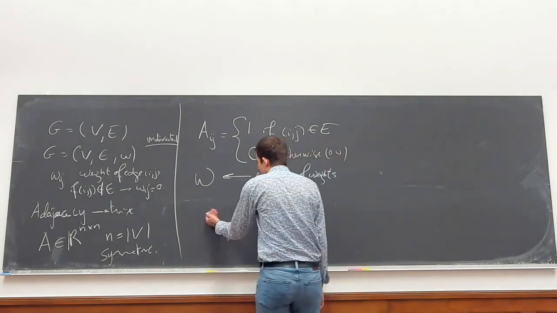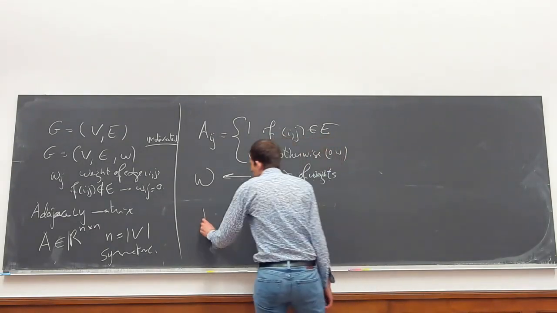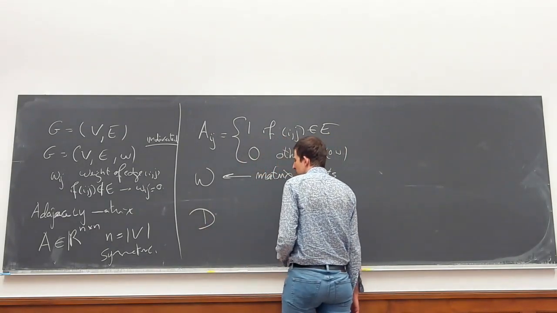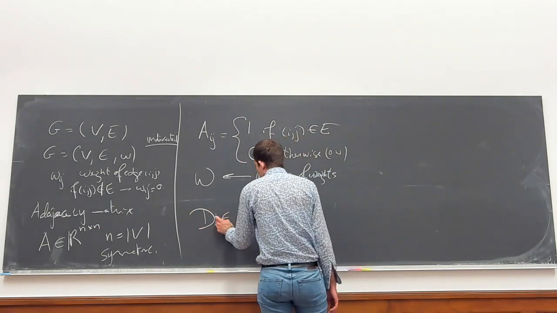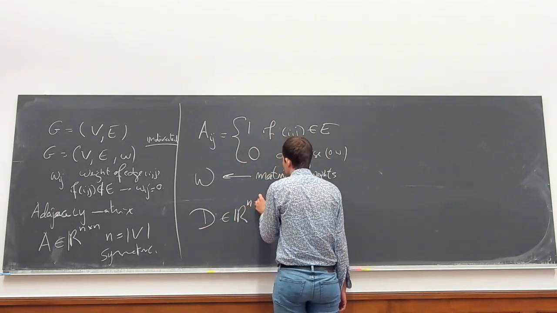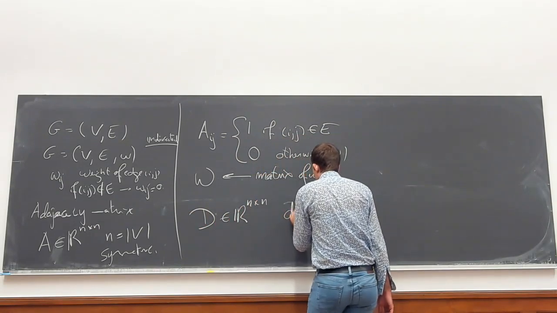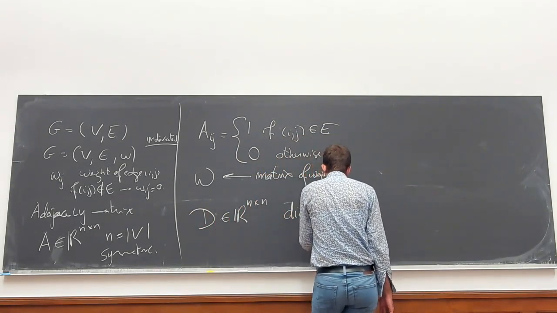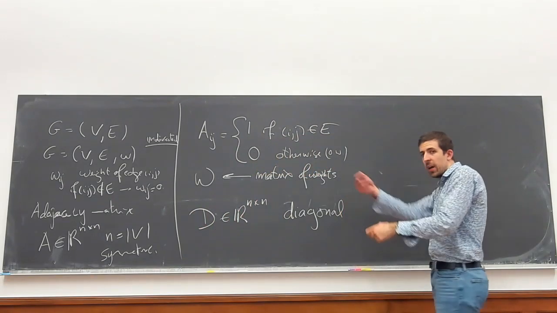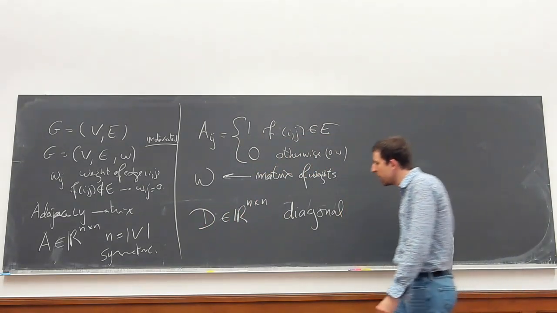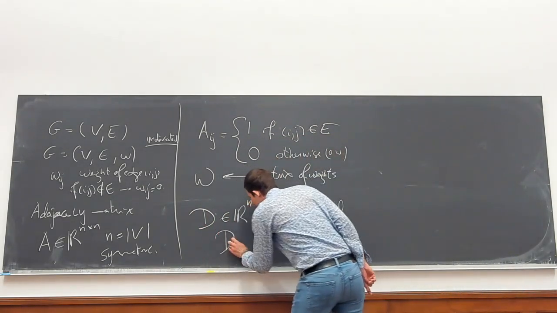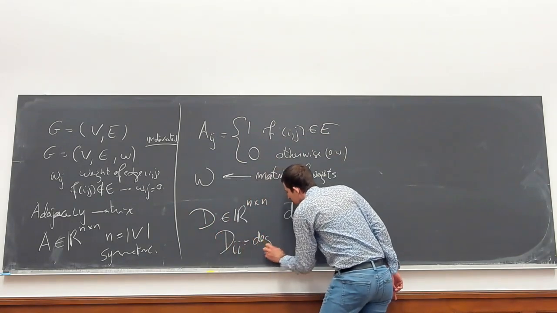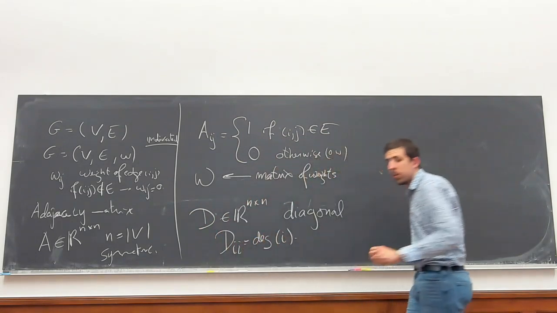Another important matrix will be the matrix of degrees. The degree matrix will be, again, an n by n matrix. This one will be not only symmetric, but also diagonal. So it's a matrix that only has non-zero elements in its diagonal, and we define dii to be simply the degree of node i.